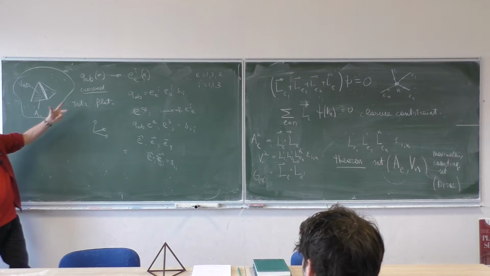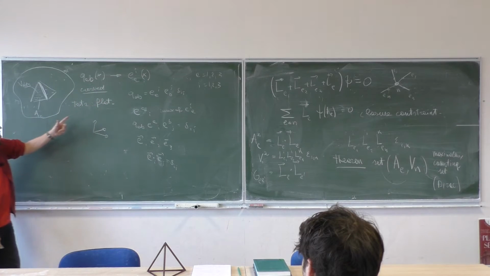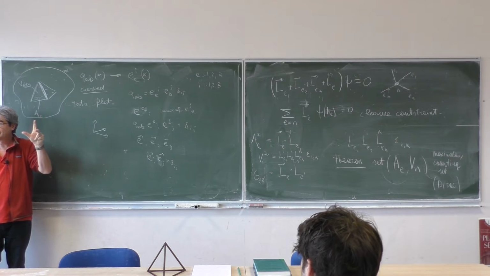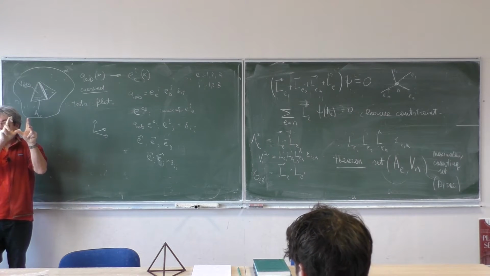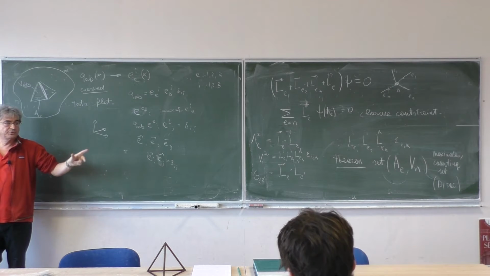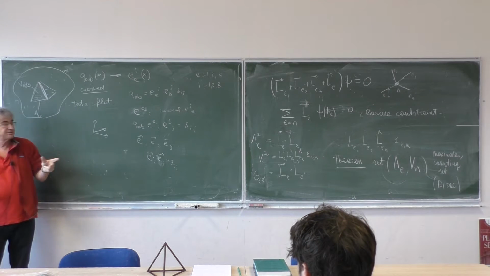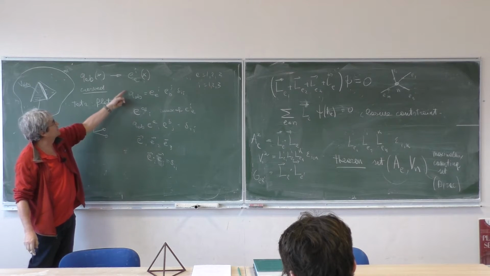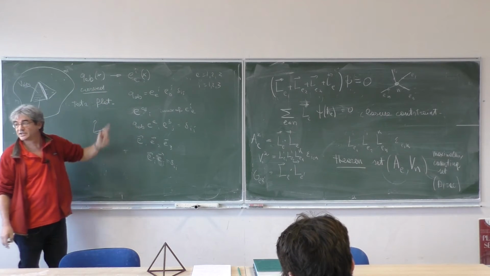So instead of giving the geometry with a metric, you can give the geometry by giving in each point 3 orthogonal vectors, a reference frame. And if you know 3 orthogonal vectors in every point, this is like knowing the metric, because from these objects you can invert them and compute the metric.